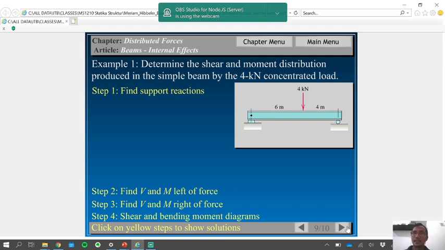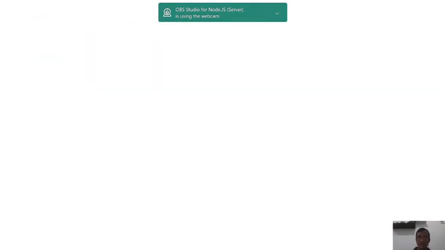What is asked there is that we have to find the internal force distribution and internal moment distribution for this particular case. Okay, let's try to solve it together.